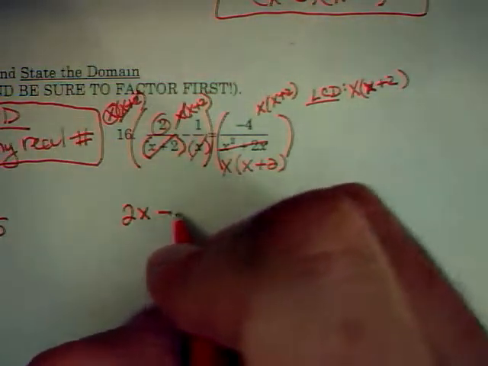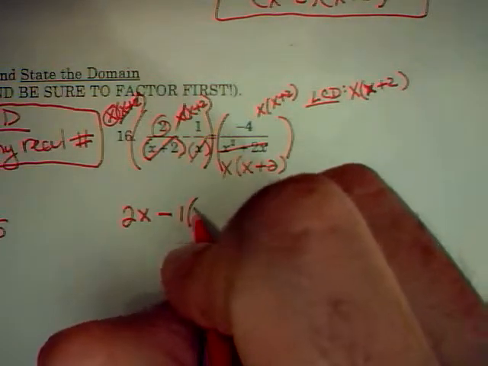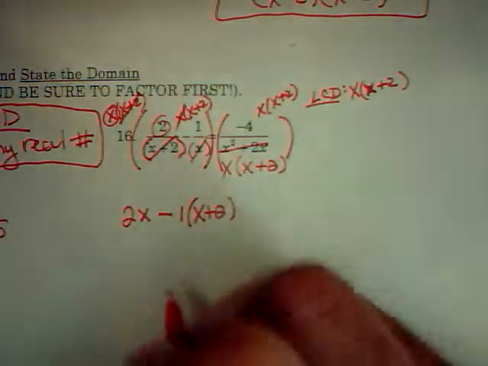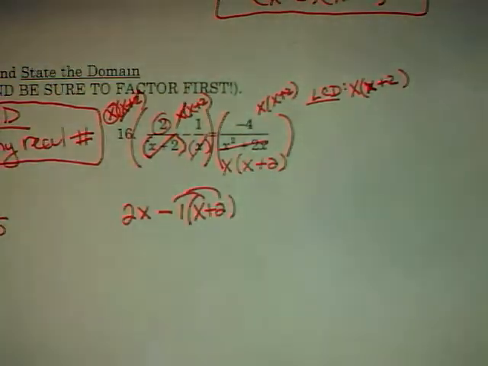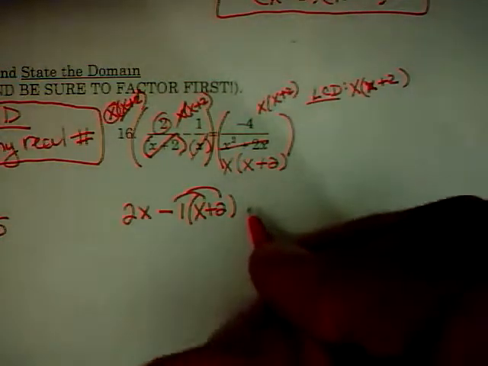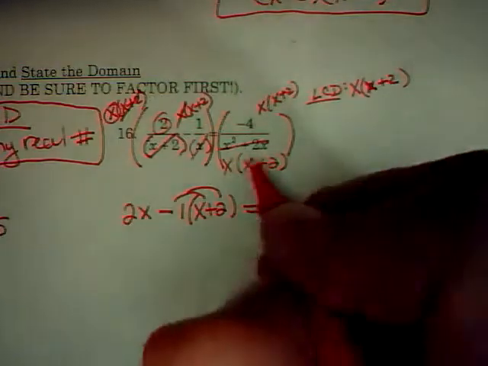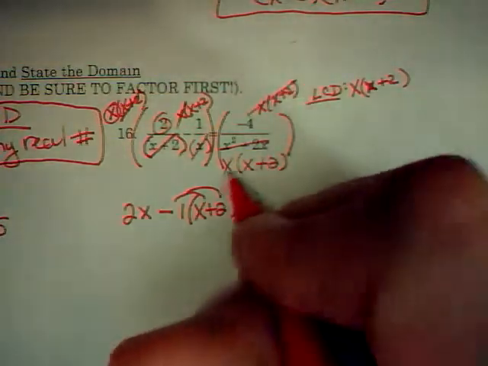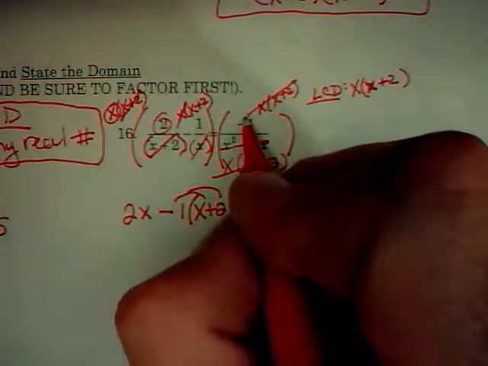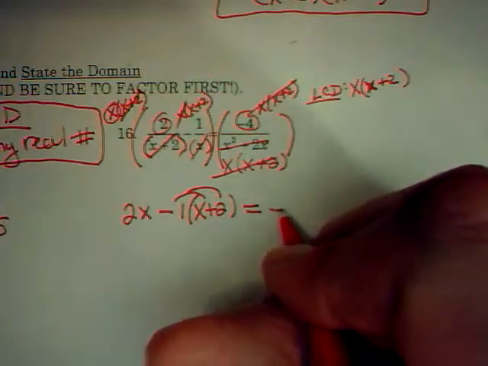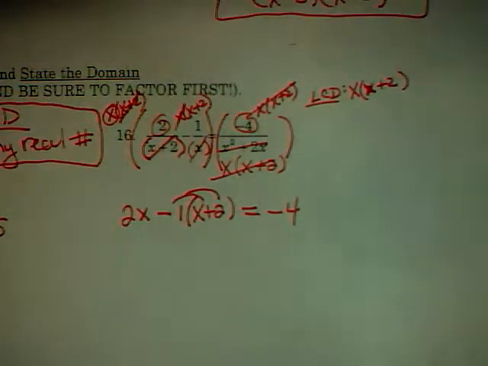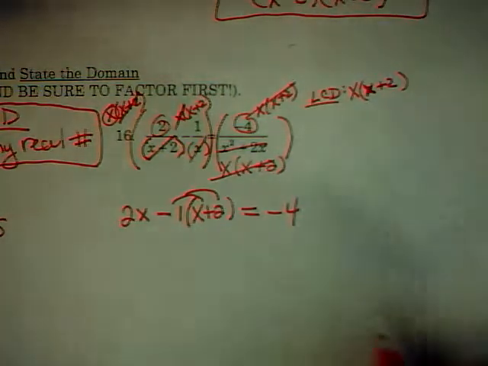On this one, since it's subtraction, you might want to go ahead and put the 1 there and then write the x plus 2 because we will need to distribute that negative 1 to both terms. And then this equals over here, the x, x plus 2 cancels with the x, x plus 2, which just leaves you with negative 4.